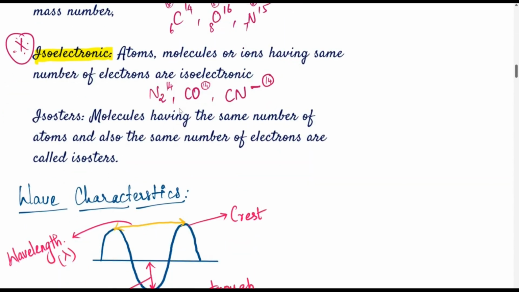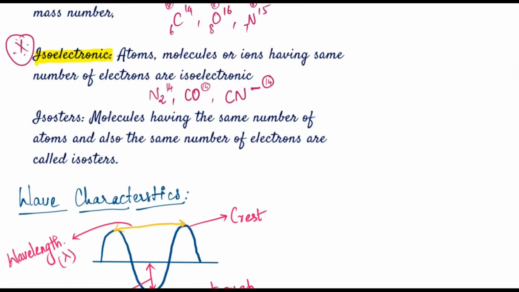And finally, most of us won't talk about it, but I think this is also important: isostars. Isostars are the molecules having the same number of atoms and also the same number of electrons. For example, take N2 and CO. CO I'm mentioning, carbon monoxide.